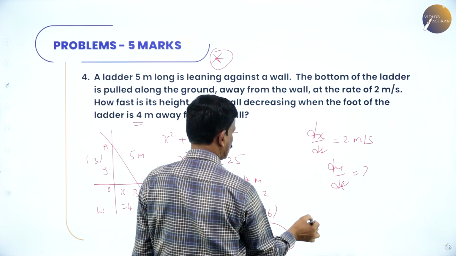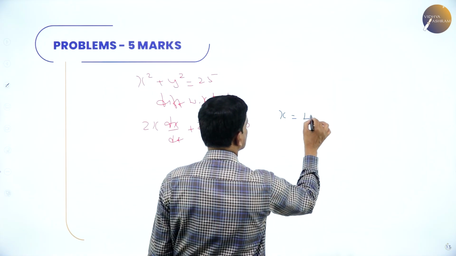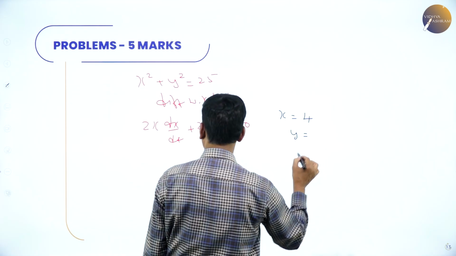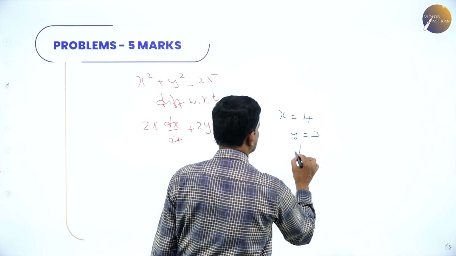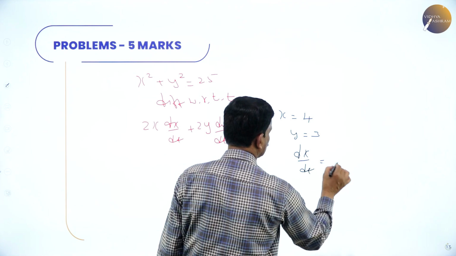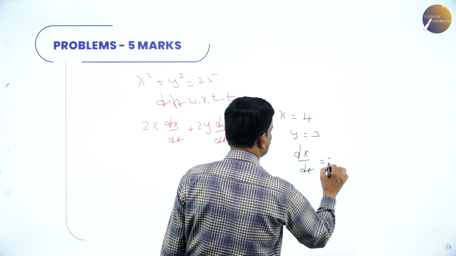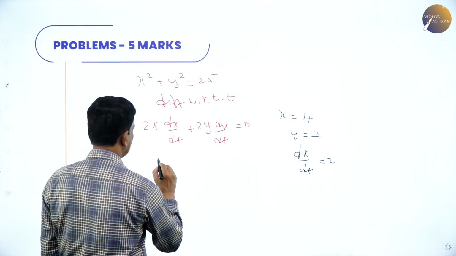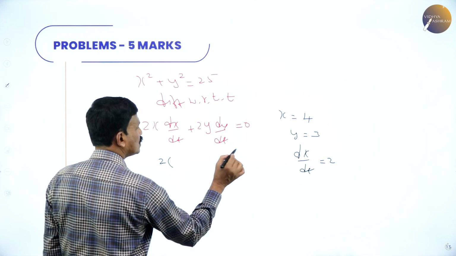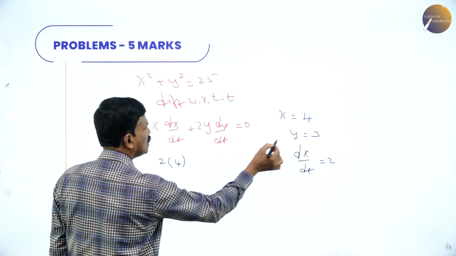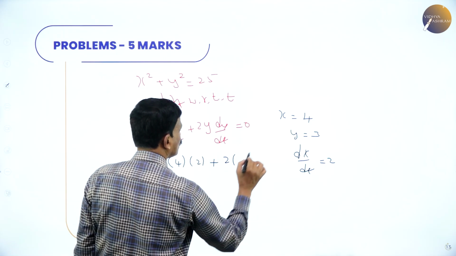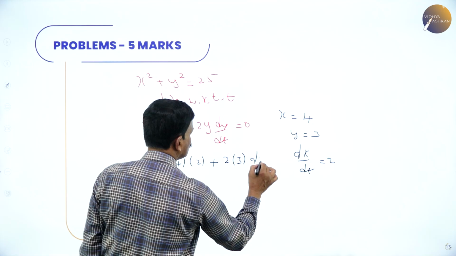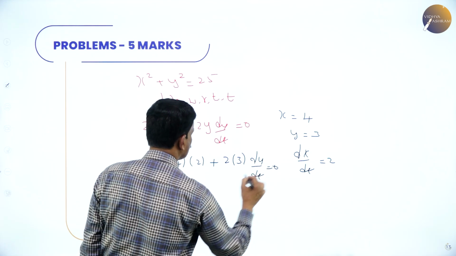We have x is equal to 4 meters, y is equal to 3 and dx by dt is equal to 2. Substitute the values: 2 into x, x is 4, dx by dt is also given 2, plus 2 into y, y is 3, into dy by dt is equal to 0.